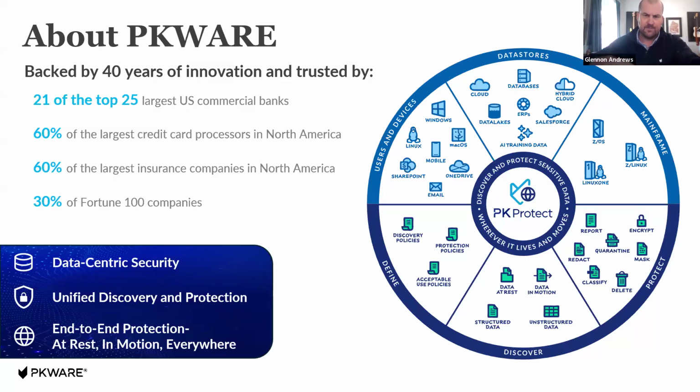If you look at the bottom of the wheel, from a define, discover, and protect standpoint, a lot of times it's going to be policies. That policy-based protection is going to lay out what kind of data is sensitive and then what needs to happen with it. It may be targets of certain repositories where data is stored where we need to do something like encrypt that data. We may say, let's find sensitive data where it lives and discover that on end users' machines or in file shares. So as soon as a save as function would happen, we'd essentially identify it. We could classify that and label it to show what sensitivity it has and control what can happen to that data.